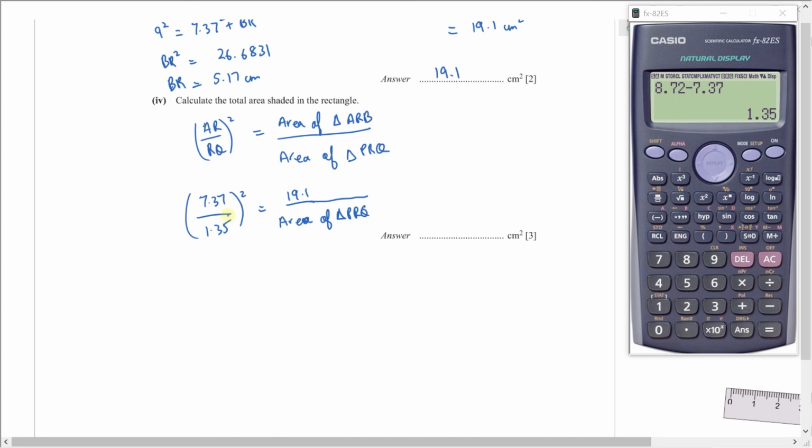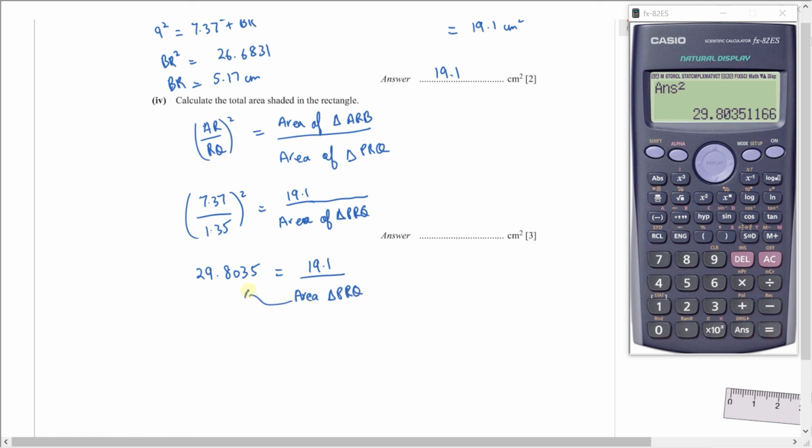So let's first calculate this. 7.37 divided by 1.35 and then square. So this is 29.8035 equals 19.1 over area of triangle PRQ.